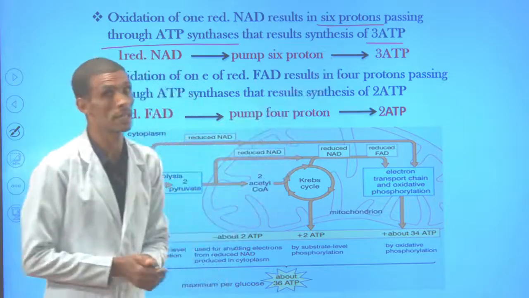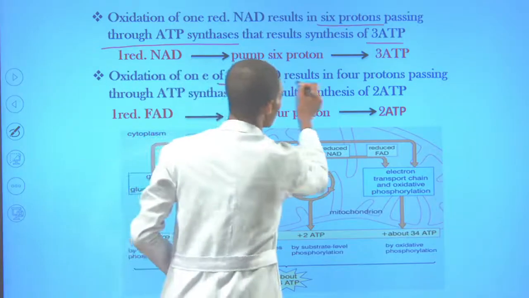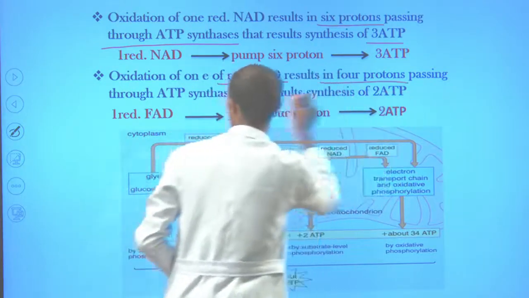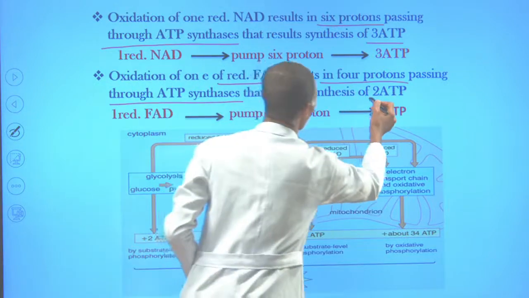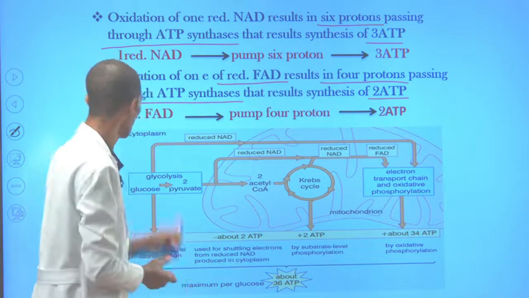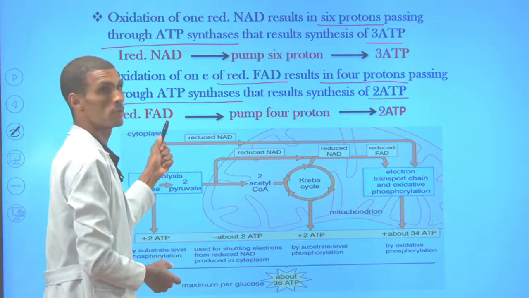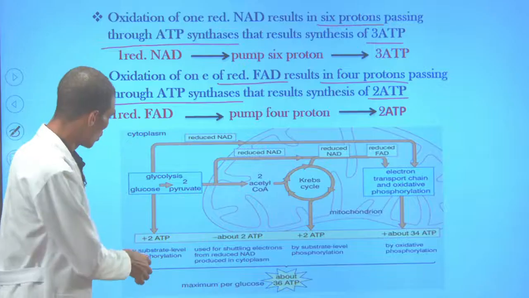Again, oxidation of one reduced FAD molecule results in 4 protons passing through ATP synthase. That results in production of 2 ATP molecules in ATP synthase, which means one reduced FAD molecule passes 4 protons through ATP synthase and results in 2 ATP molecules produced.